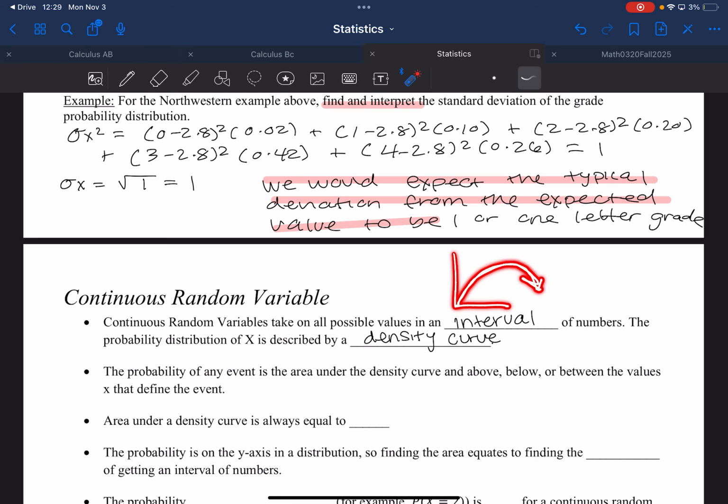That is a continuous function. So if we're talking about a discrete function, it makes sense that a discrete variable takes on one value because those are our counting values. X is equal to 1, x is equal to 2, etc. Versus a continuous random variable can take on an interval of values because we could technically have x is equal to 1.1, 1.2, 1.3, etc.